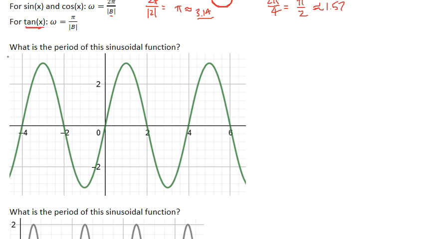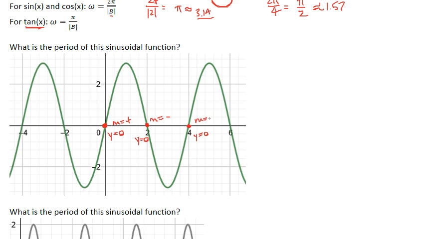All right, so we want to answer this question. What is the period of this sinusoidal function? Well, right here is the starting point, and at 0, it starts at y equals 0. Okay, and the slope is, of course, positive. So I want to find where that happens again. I come over here to 2. I have the y equals 0 part, but remember the slope is negative, so I need to keep on going around to the next time y equals 0, which is right here at 4.